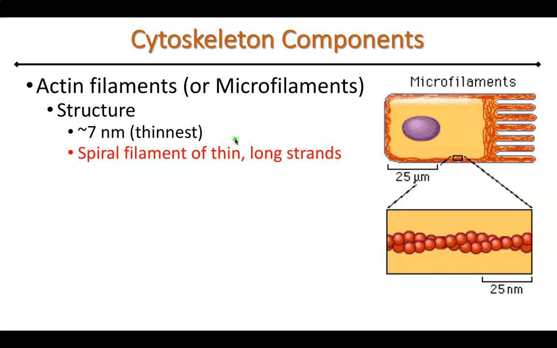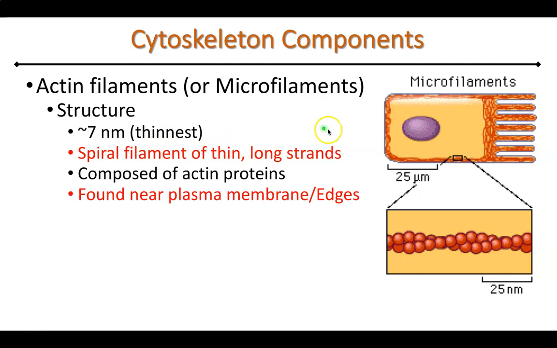With actin filaments, we also call these microfilaments. I know that's a little confusing because the first one is microtubules, but remember a tube is kind of big. So think of a microtubule as being the big part and the microfilament as being smaller. So these are the thinnest part of the cytoskeleton, and they form these spiral, thin, long strands. You can find these on the edges of a cell.